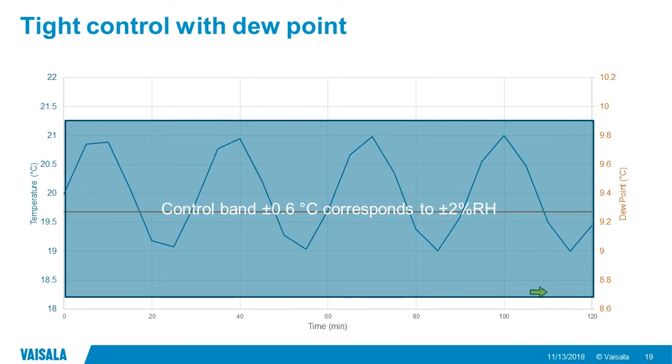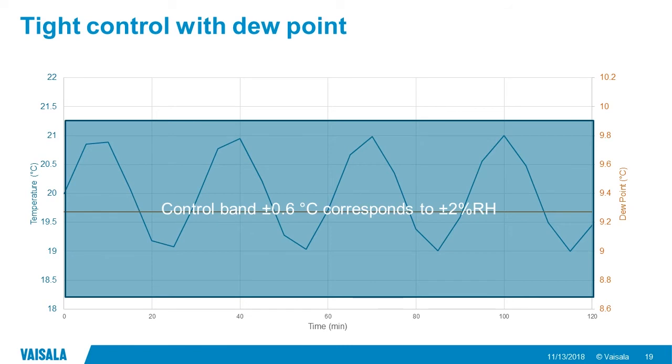So this is now your control band, and if there are no water sources or sinks in your system, the controls are perfectly happy, and they're not trying to add or remove water just because the temperature is fluctuating a bit.